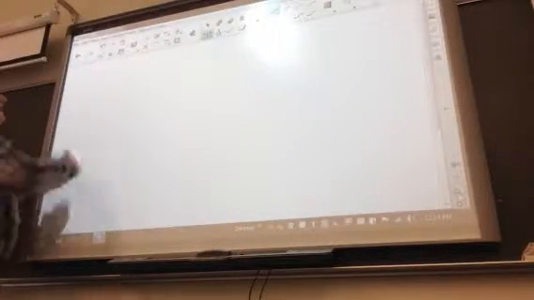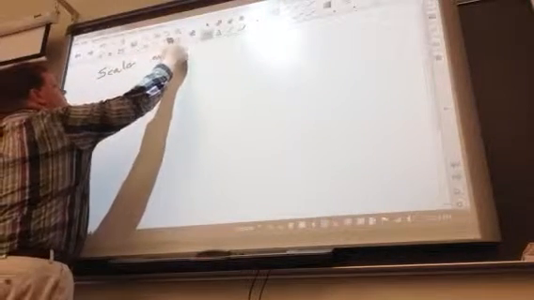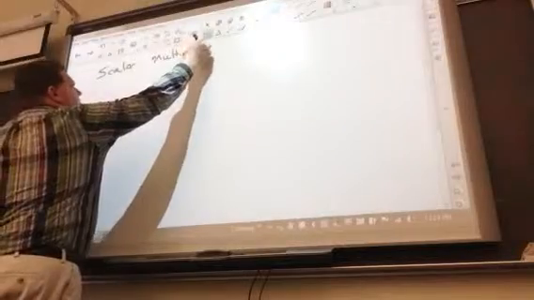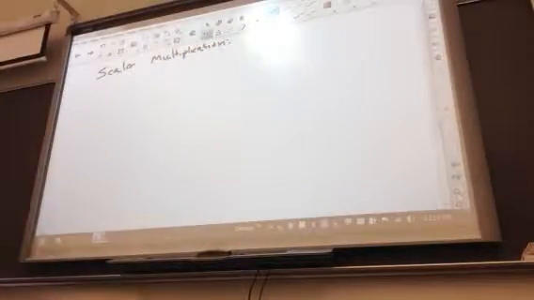Next, the next big subject here, scalar multiplication. It actually works the same way as vector multiplication does.